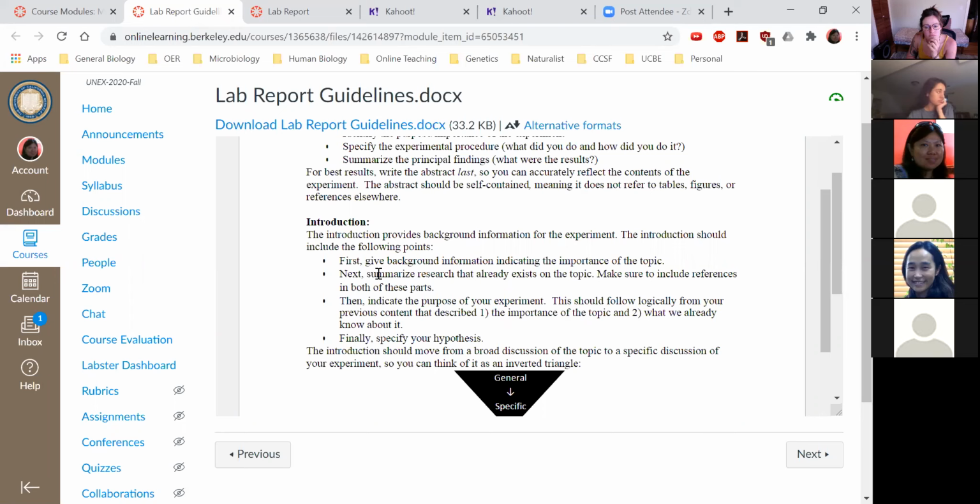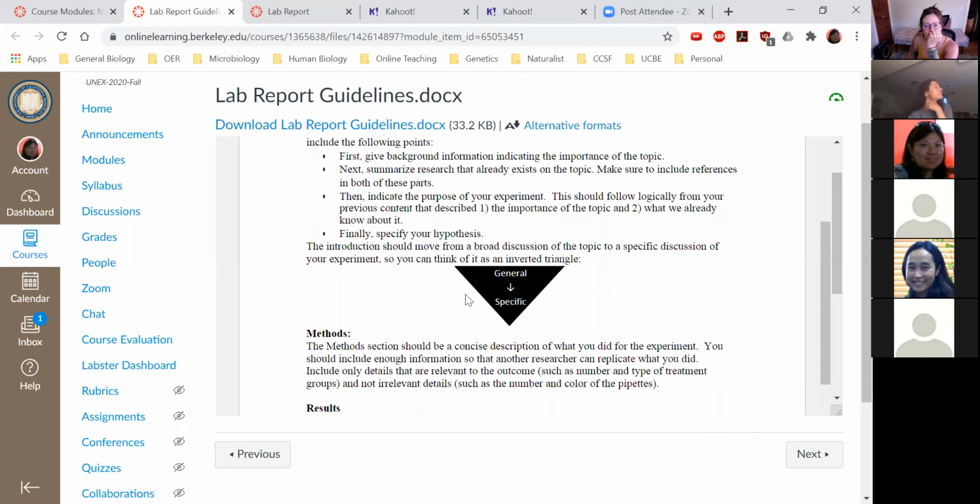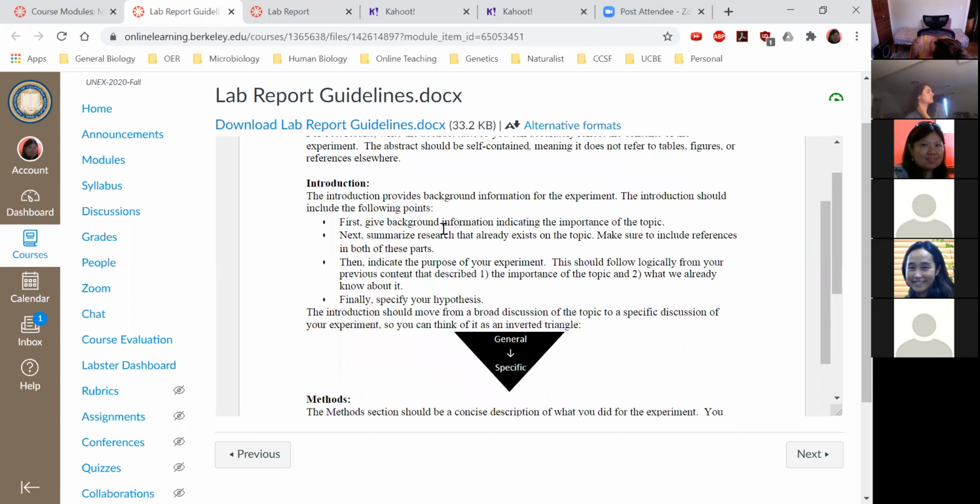You should have an introduction, so talk about some background information. I actually like this graphic. The structure of the introduction usually goes from general to specific. So you want to introduce the background, and maybe even talk about what other studies have found. The last part of the introduction is the transition going into your own study.